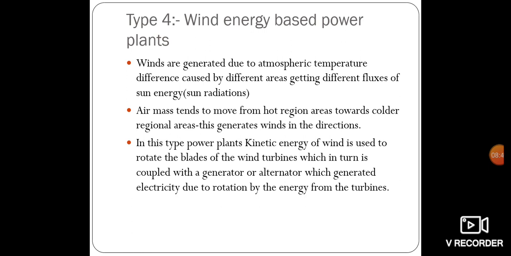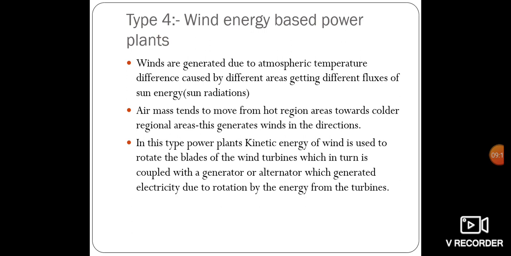In this type of power plant, kinetic energy of the wind is used to rotate the blades of the wind turbines, which in turn is coupled with a generator or alternator, which generates electricity due to the rotation by the energy from the turbines. Here the wind energy is generated because of the atmospheric temperature differences caused by the areas getting different fluxes of sun energy.